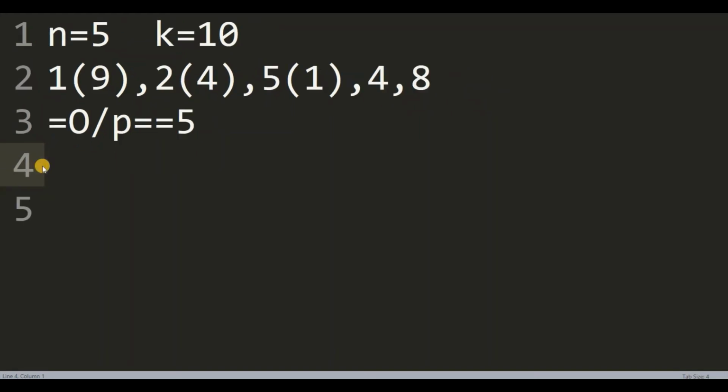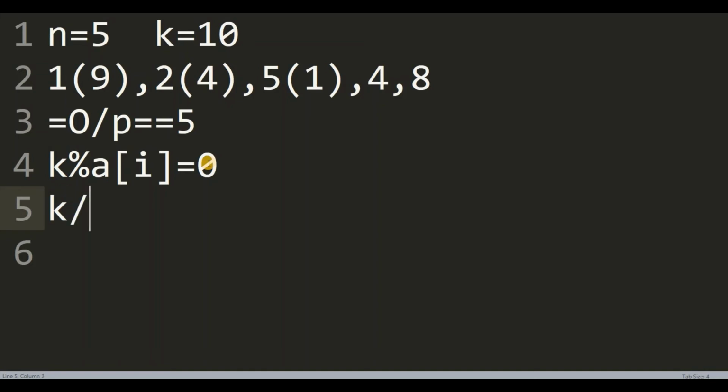Clearly we can say that if the square of chef's pawn is exactly divisible by the square of a person's pawn, then we can make moves to capture chef's pawn. That is, if k mod a of i equals 0, we can capture the chef's pawn. And also remember that we have to output the person who has the minimum number of steps.